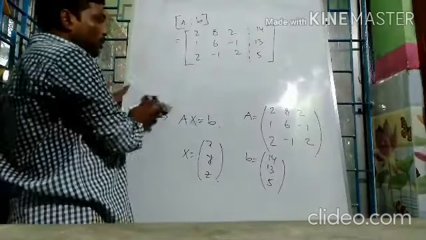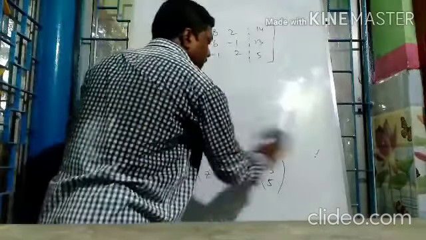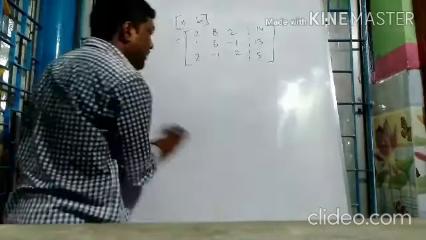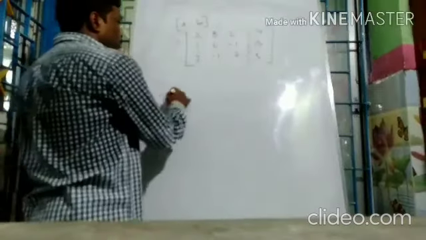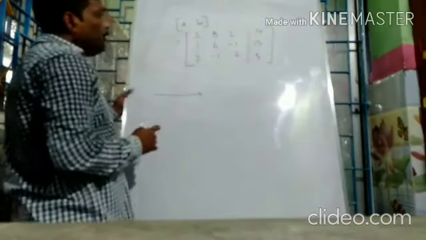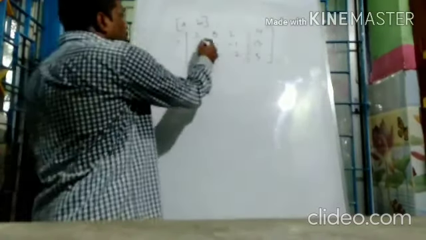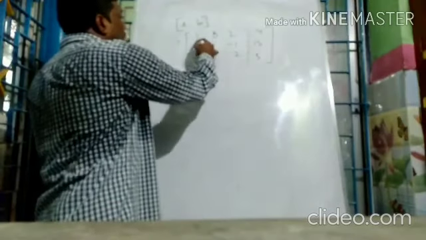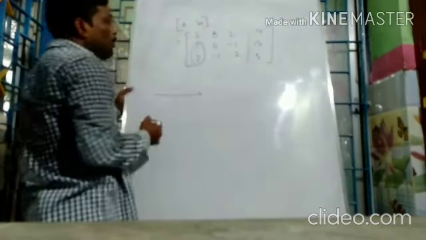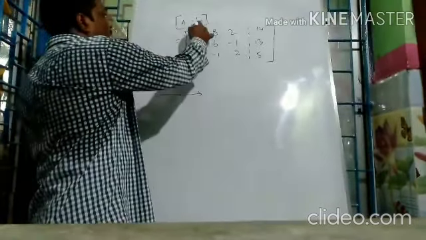Okay, now use row operations on this augmented matrix. You have to make these two elements, 1 and 2, 0 using this element 2.